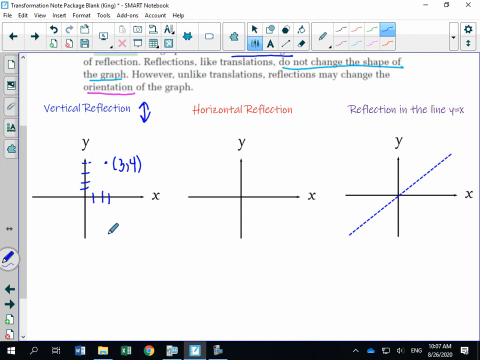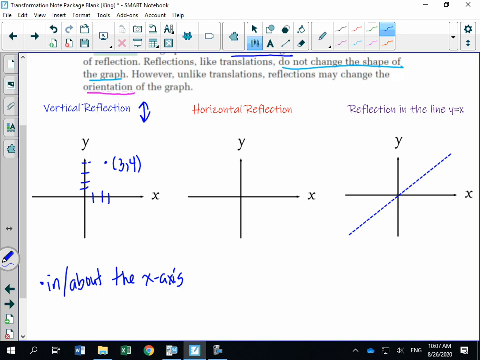And then I would say, okay, what axis is this a reflection in? The axis that it's a reflection in is the axis that I cross. So a vertical reflection is going to be a reflection in, or about, the x-axis.